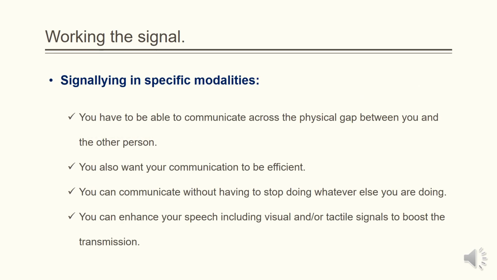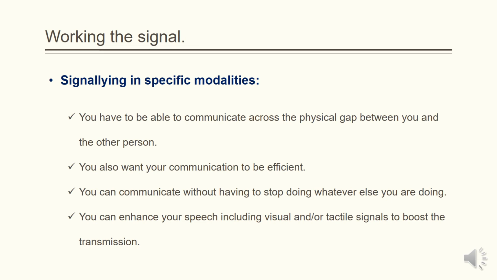In the signal, we have specific modalities. To talk to someone, you have to be able to communicate across the physical gap between you and the other person. Also, you want your communication to be efficient when necessary. For instance, if you are being robbed and you are asking for help, you want that communication to be really efficient and quick.